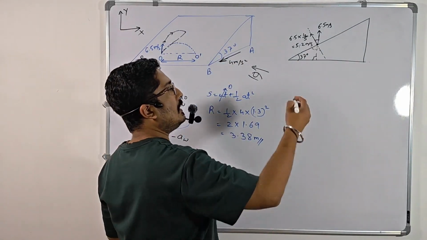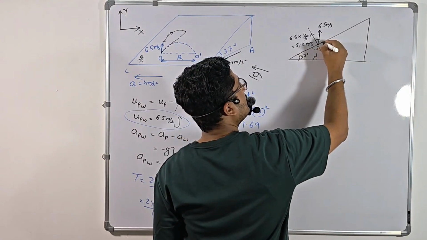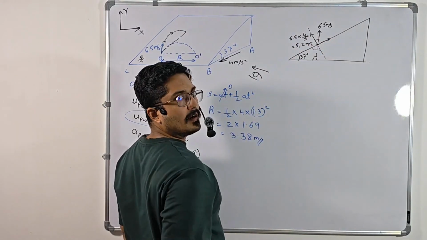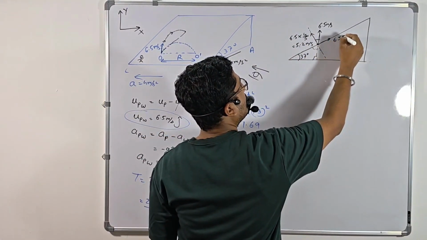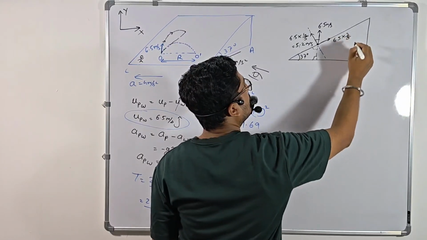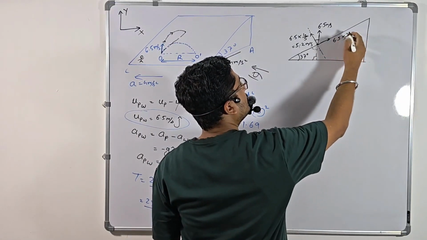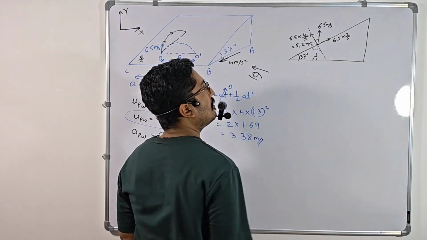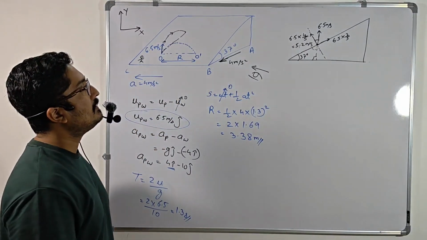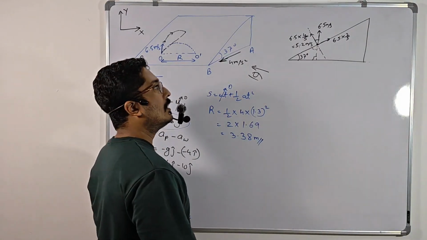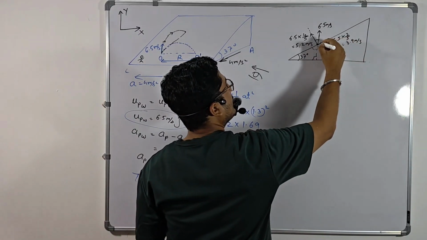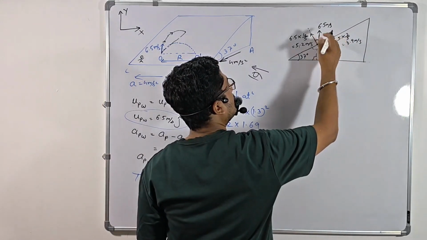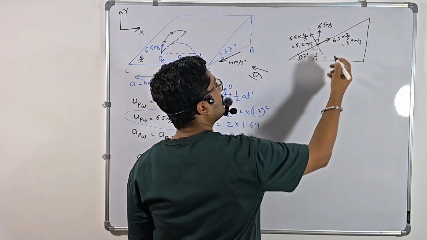And also, if required, I can find the velocity in this direction as the sin theta component, that is 6.5 into 3 by 5. So again that will be 1.3 into 3, which comes out to be 3.9 meter per second. That is the velocity along the wedge direction in this way.